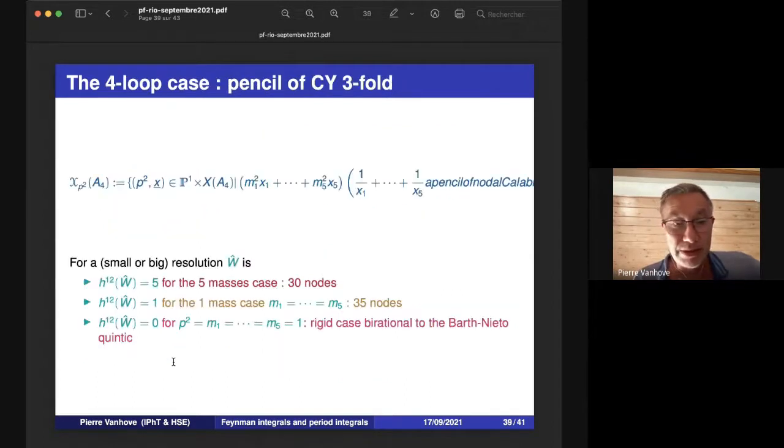Since the time, I'm almost finished. So now, for the four-loop case, you get a pencil of Calabi-Yau threefolds, and in fact, you can compute the Hodge numbers, and you see that there are various nodes, and the number of nodes changes when you start to specify the mass parameters.